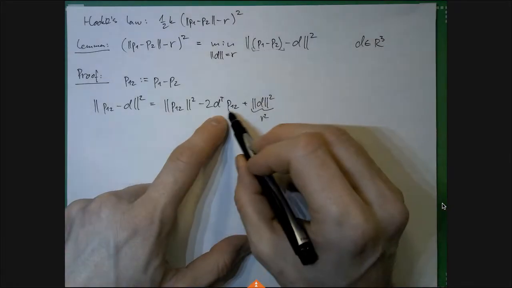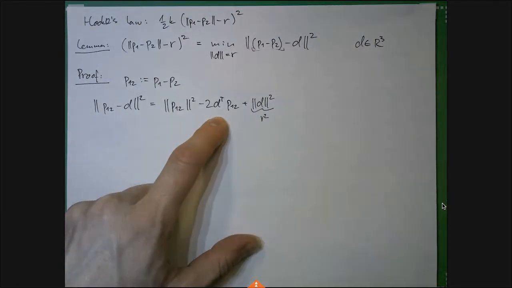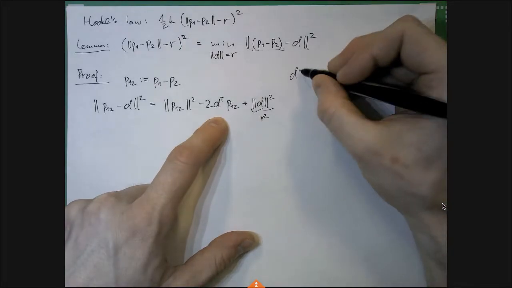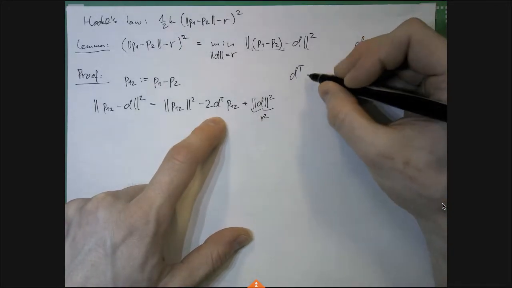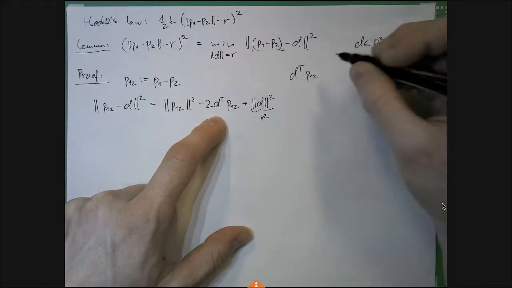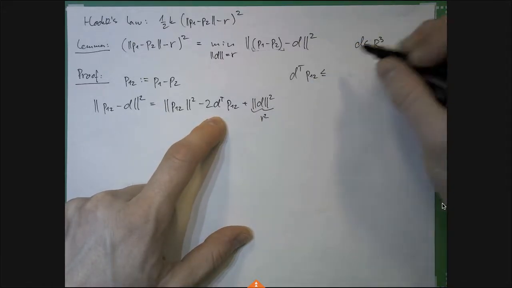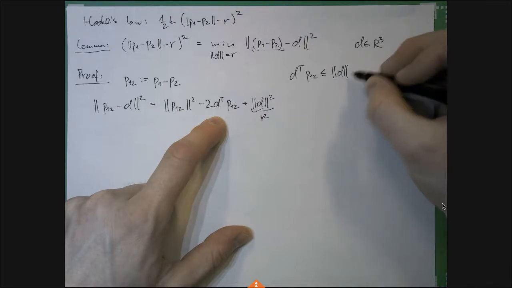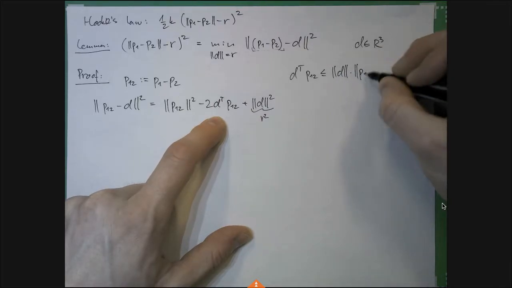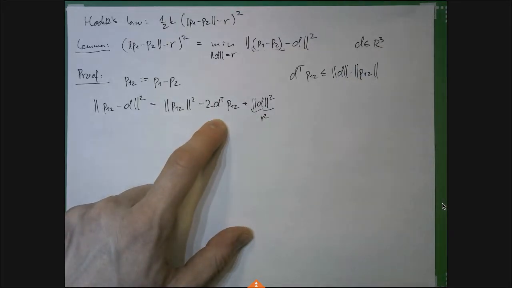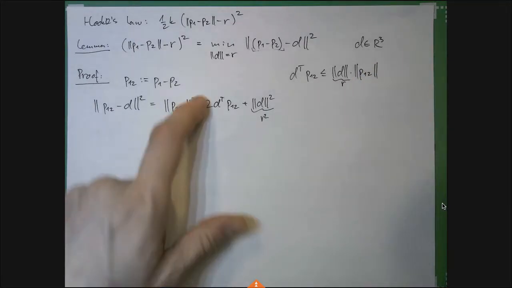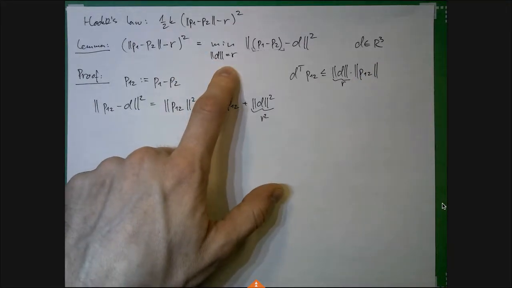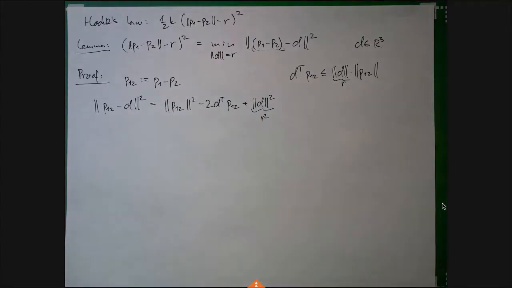And here I will use the Cauchy-Schwarz inequality, which sounds fancy, but it's a simple thing. It just says that d transpose P1,2 is less than or equal to the norm of d times the norm of P1,2. The norm of d again being R, right? Because the hard constraint in my optimization is that the norm of d is R, okay?